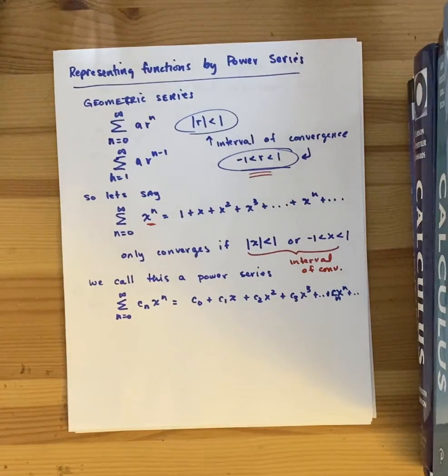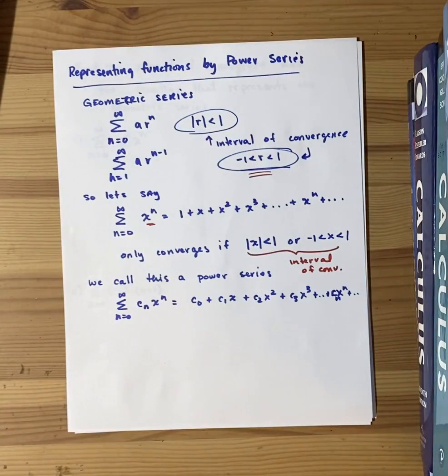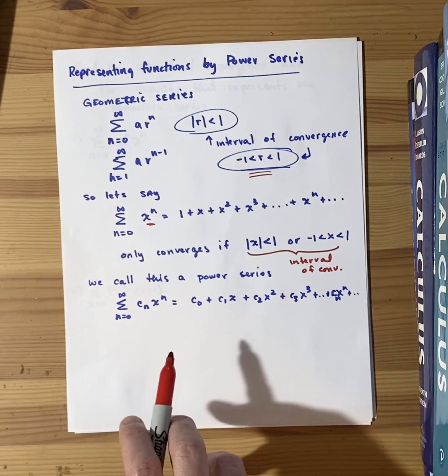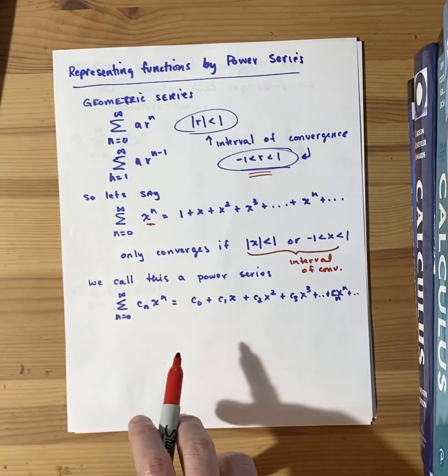If X is 2, it's just not going to work. Even if X was 1.5, it wouldn't work either. So keep in mind that this is one of the important things on the AP test, when we talk about interval of convergence. So now this is considered a power series.